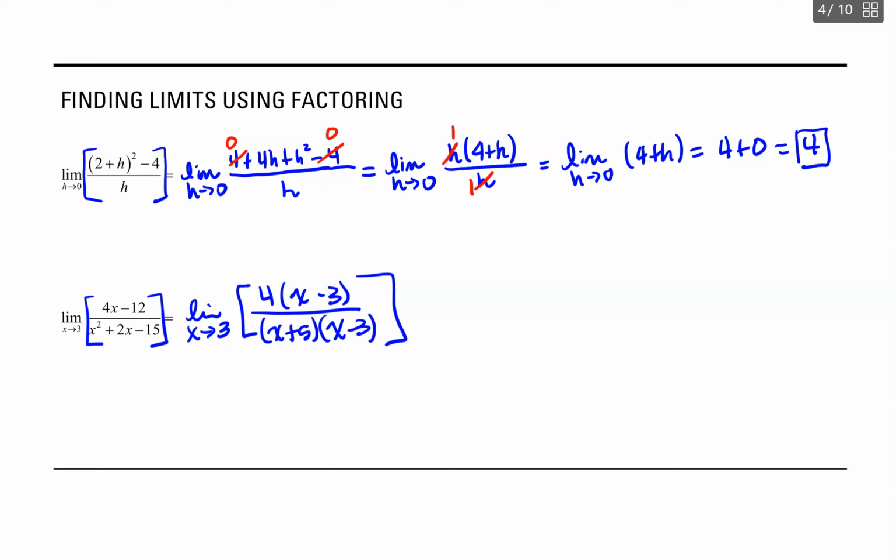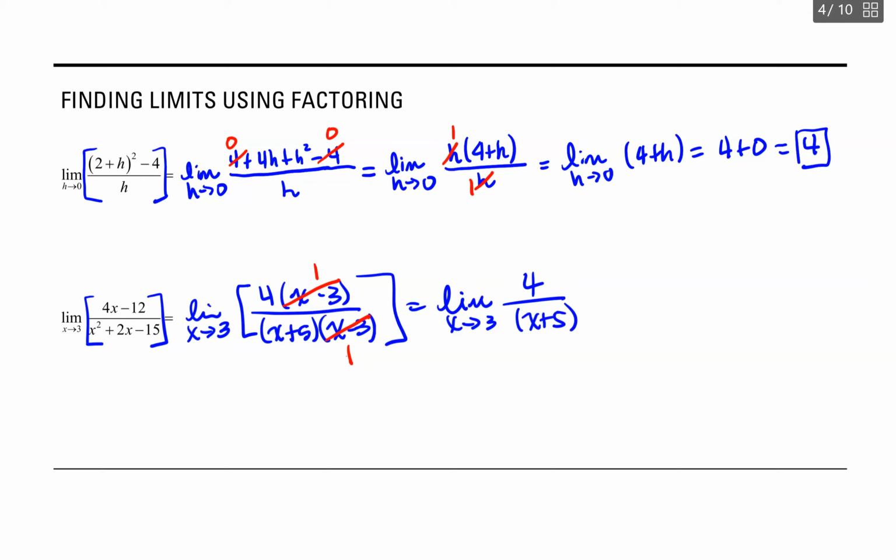At this point, we can see that we do have a common factor. We can simplify that, divide them out, and they, in essence, become a 1. We're not quite ready to answer the question about how this function behaves, so limit as x approaches 3 of 4 over x plus 5.